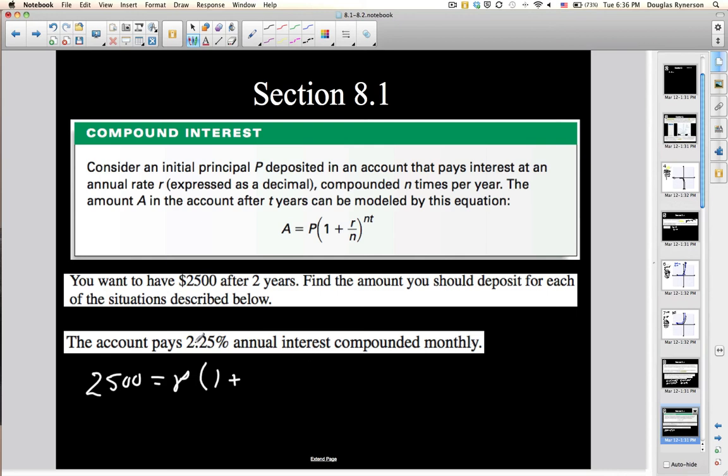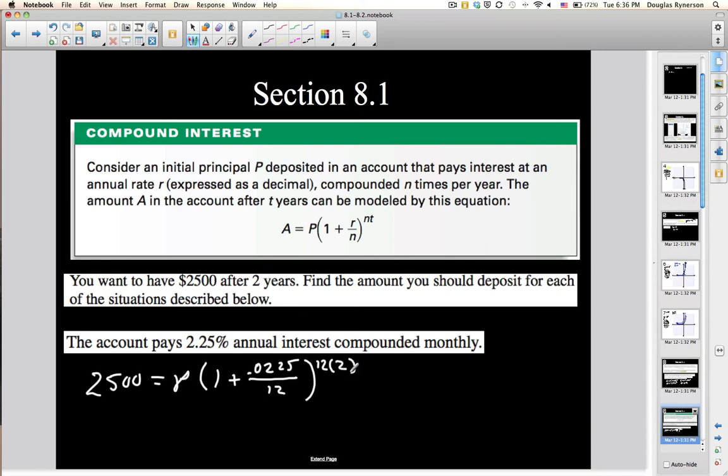So my rate is 2.25%, that would be 0.0225 as a decimal. And my n value, because we're compounded monthly, would be 12, because we're compounding 12 times per year. The 12 goes there in the denominator, and it also comes up here. And then t is the number of years, so after 2 years.